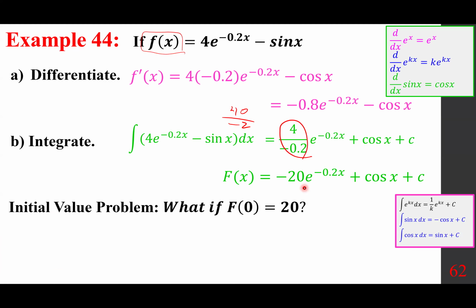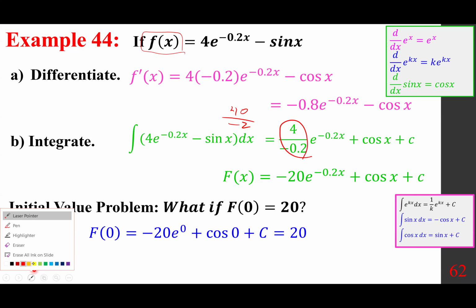What if we made it into an initial value problem by letting capital F of 0 be 20? Just making up some number. So in that case, you're going to replace the x with 0 and F of x with 20. So let's see what we get. You know this is 1, you get minus 20. Plus cosine of 0 is 1. Plus c equals 20.